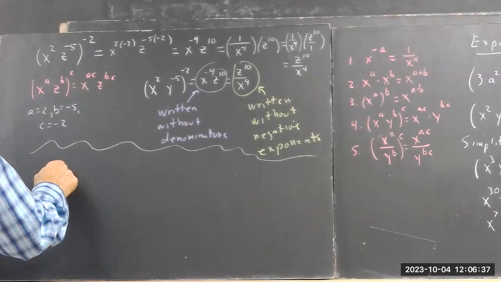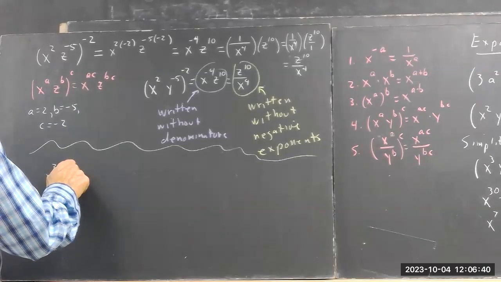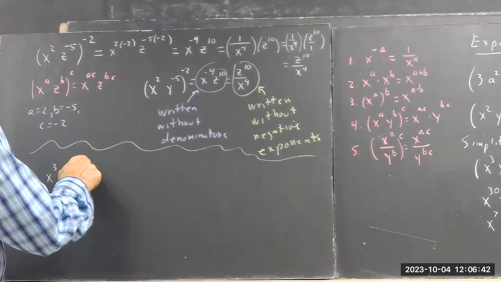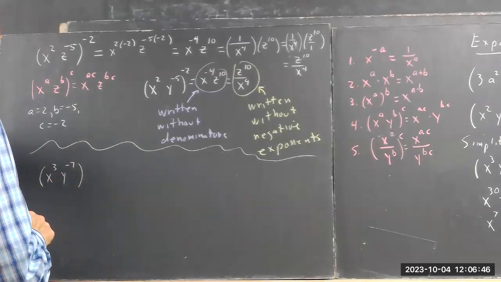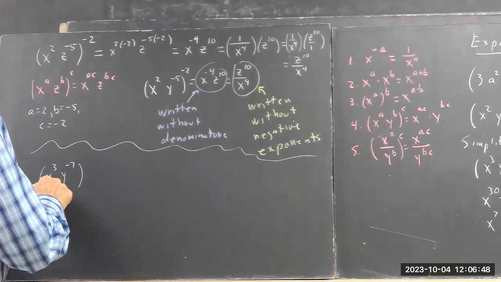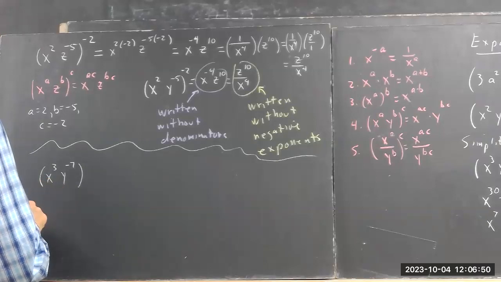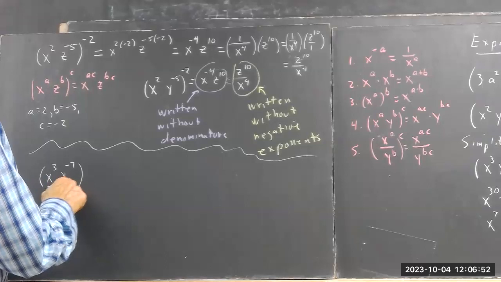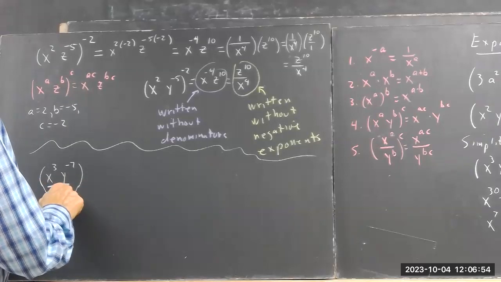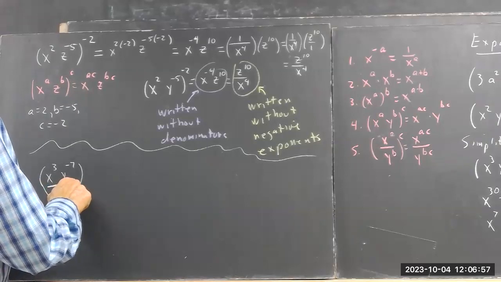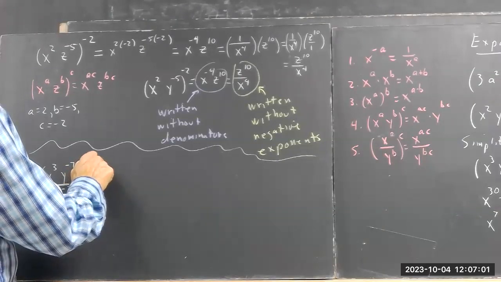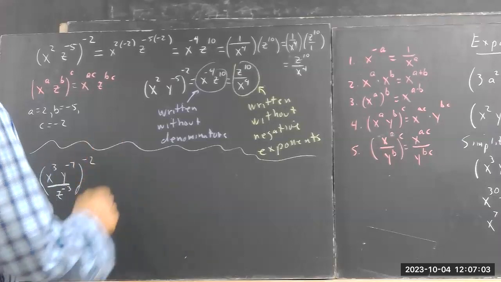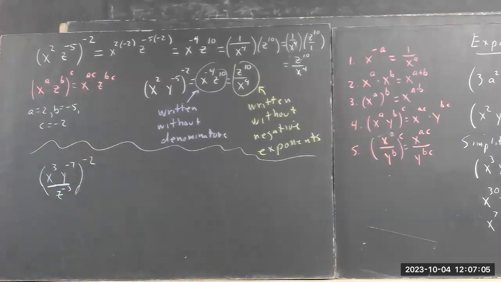Let's say we got x cubed y to the -7th over z to the -3rd, raised to the -2nd power.